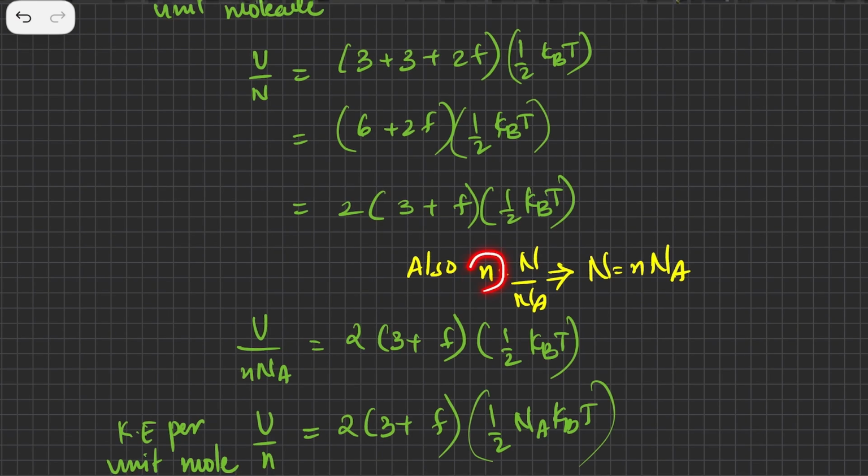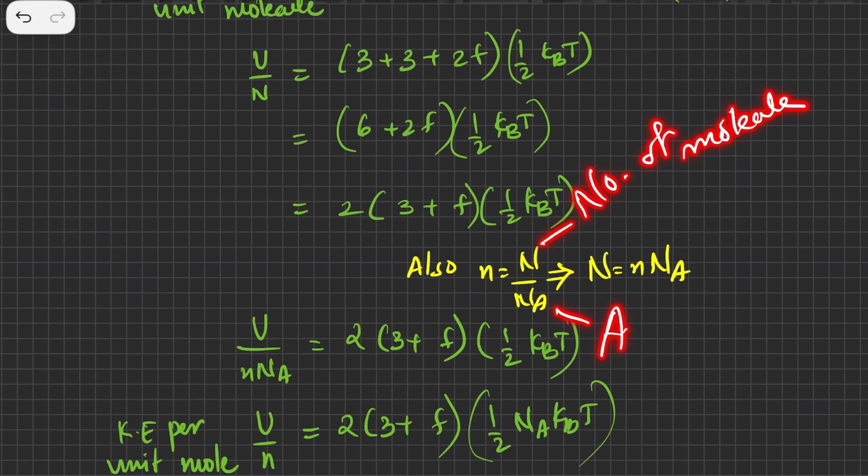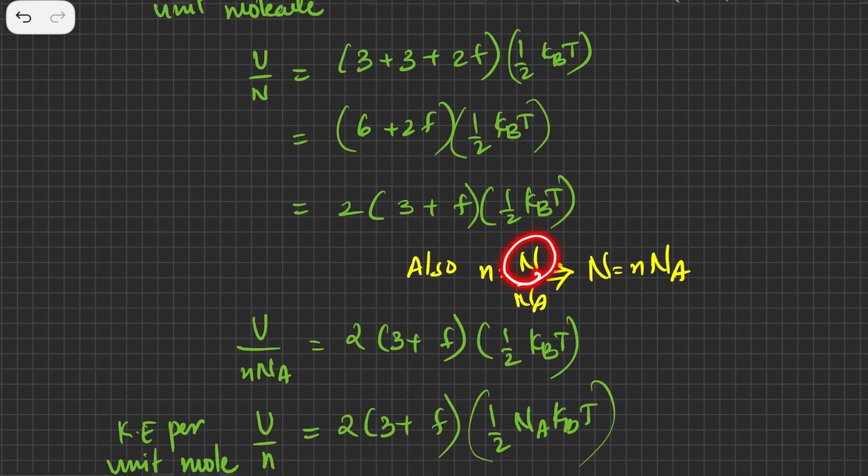So small n is the number of moles, capital N is the number of molecules, and Na is Avogadro's number. So keep n on one side, take this Na on the other side, so you get capital N equal to n times Na.